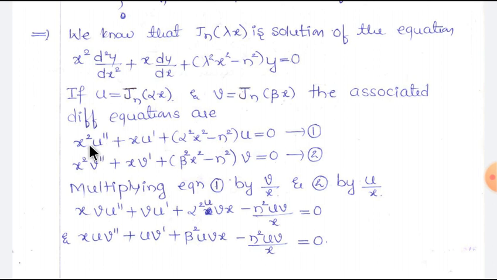In the first, x^2 u'' multiplied by v/x, the x cancels. The remaining terms are x v u'' + v u' + alpha^2 u v x - n^2 u v/x = 0. In equation 2, multiplying by u/x, we get x u v'' + u v' + beta^2 u v x - n^2 u v/x = 0.